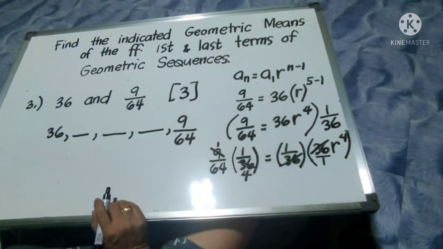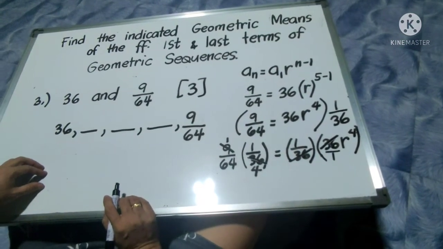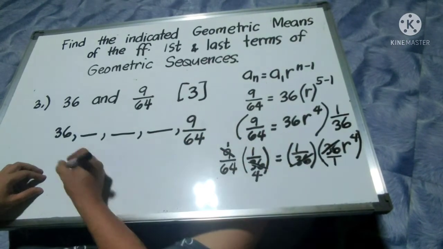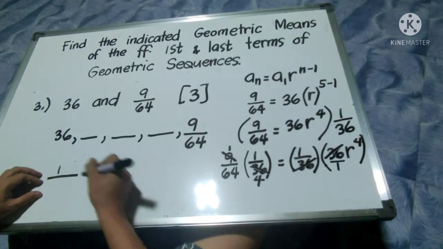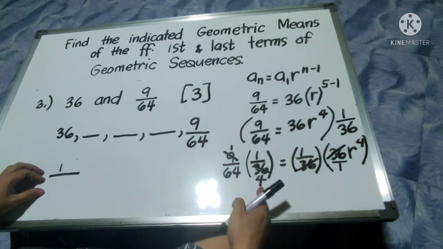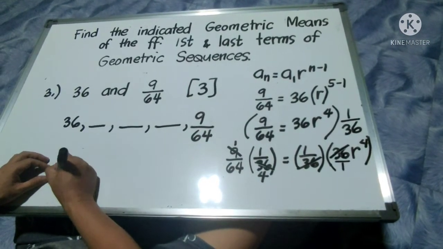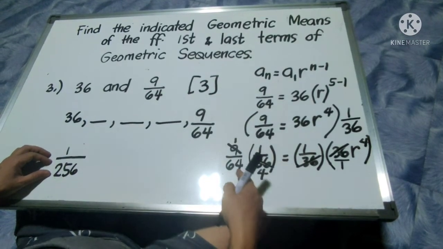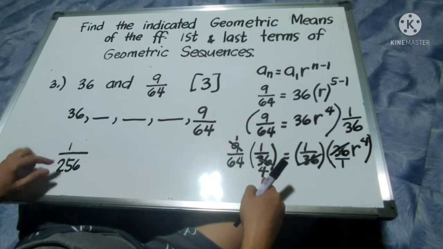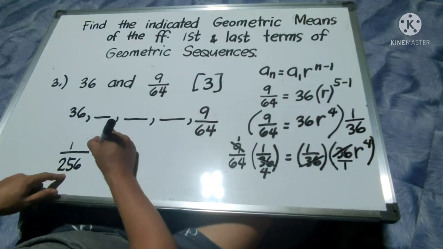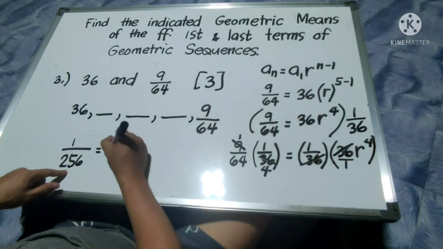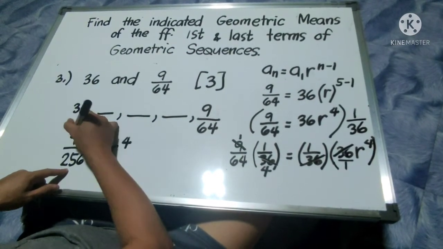To simplify further, you will have 1 times 1 is 1 over 64 times 4. So that will be 16 carry 1, 256. Okay? 64 times 4, you have 16, 24, 256 is equal to r to the exponent of 4.